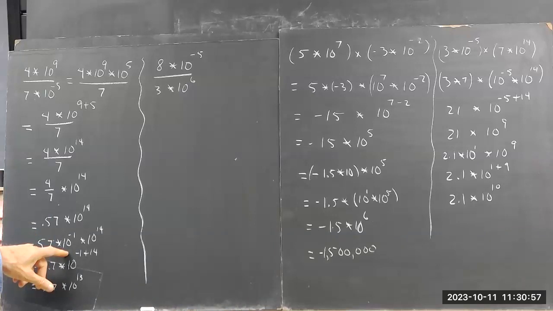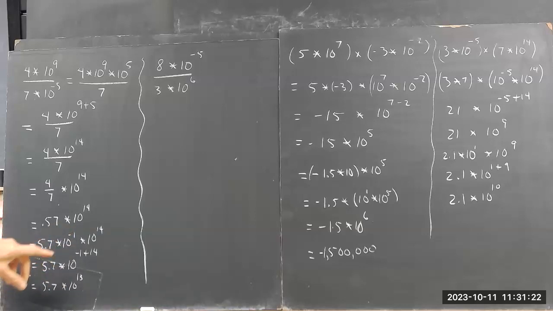And then that's got to be times 10 to the negative 1, because 5.7 times 10 to the negative 1 means 5.7 times 1/10. And if you divide 5.7 by 10, you get 0.57. So we do need to understand this. And you can also understand, well, we move the decimal point 1 to the right, so we have to multiply by 10 to the negative 1.